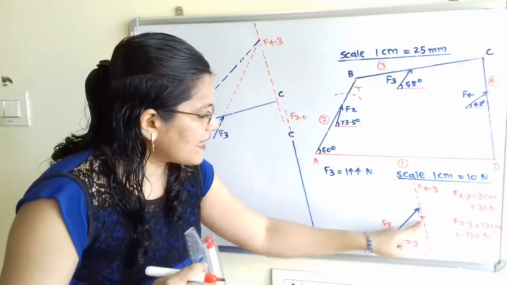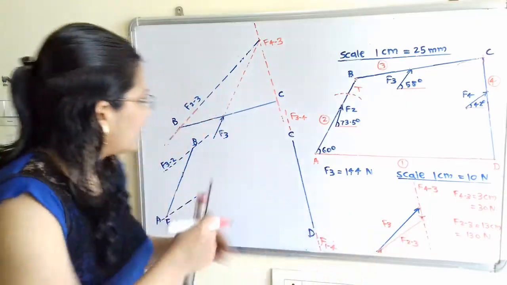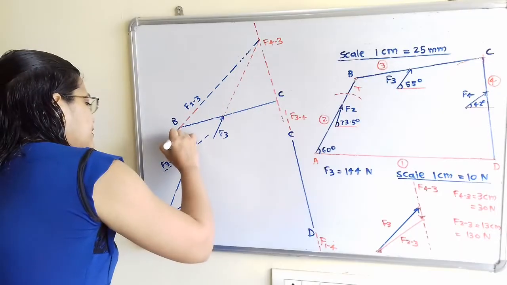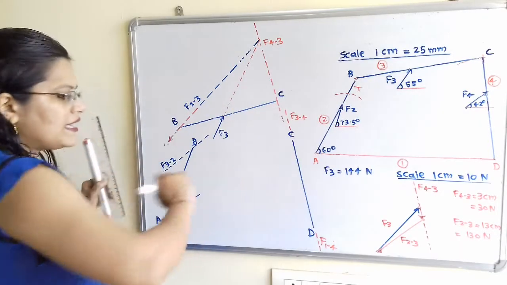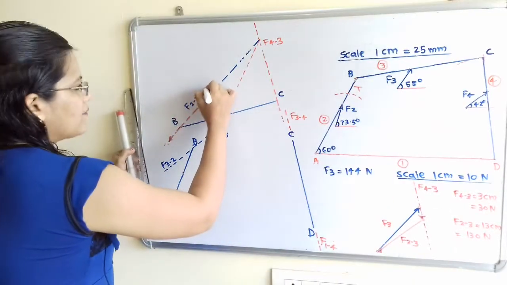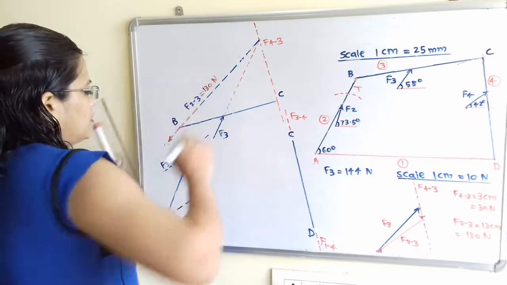So what is the direction of F2 to 3? F2 to 3 is in the downward direction. So we will show here the direction. And what is the magnitude? Magnitude of F2 to 3 is equal to 130 Newton.